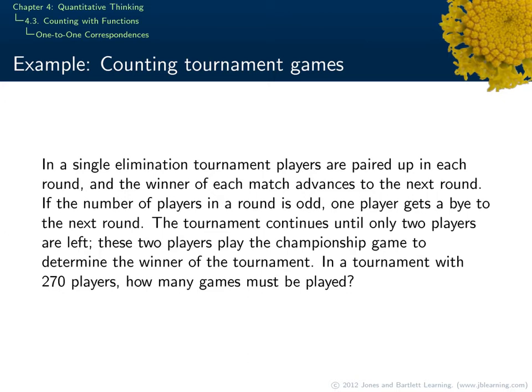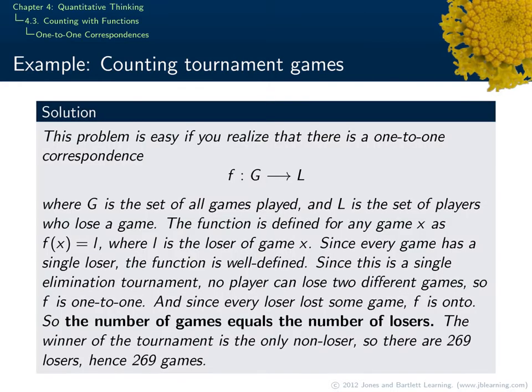So at first glance, this sounds like a really difficult problem. However, we can use that corollary on the first slide to help us solve this problem. So we're going to let G be the number of games played. Okay, that's the set of all games played, and that's the thing that we want to count, all right?